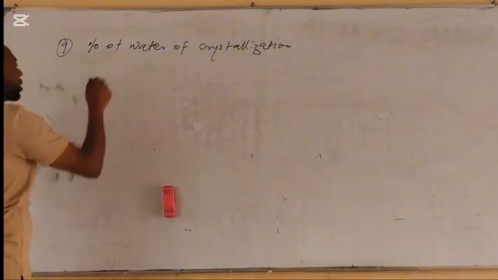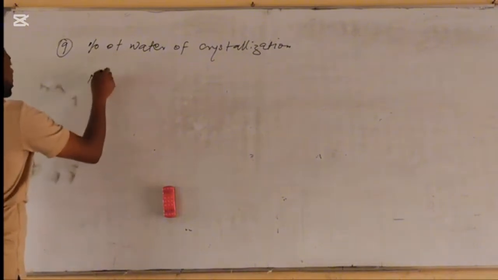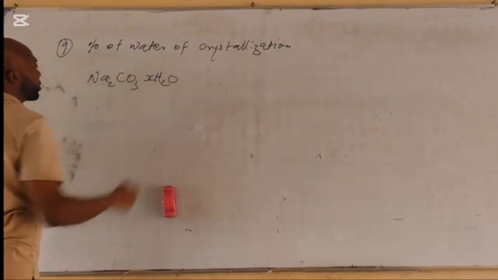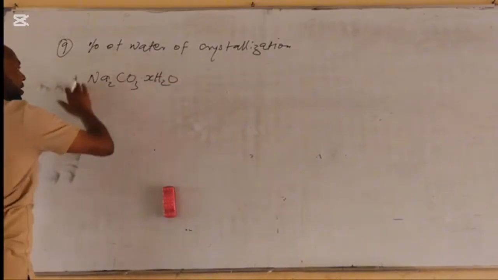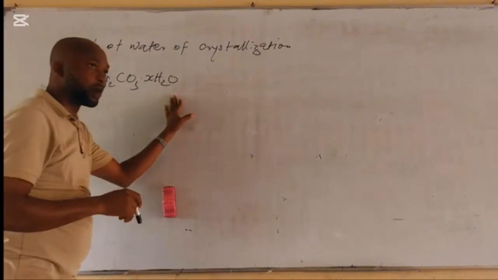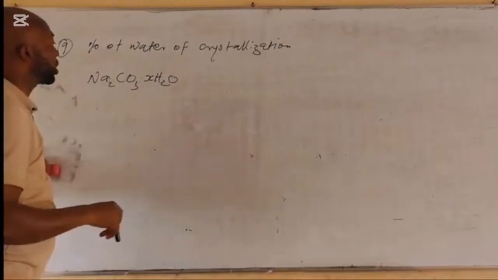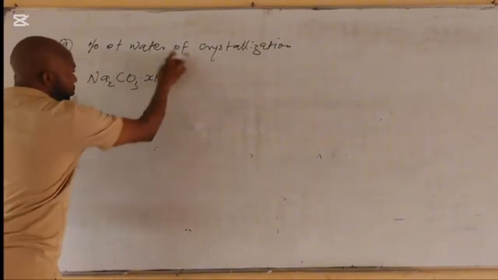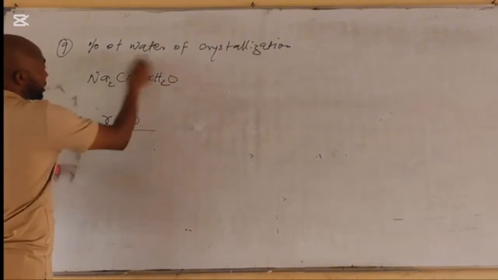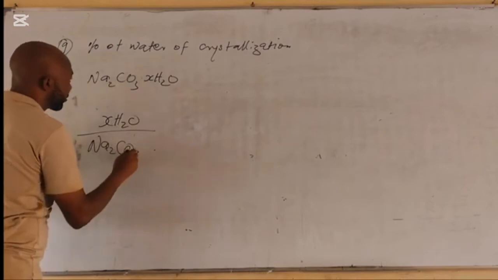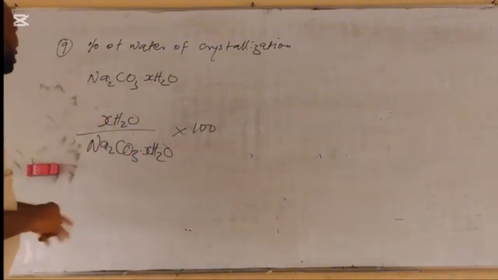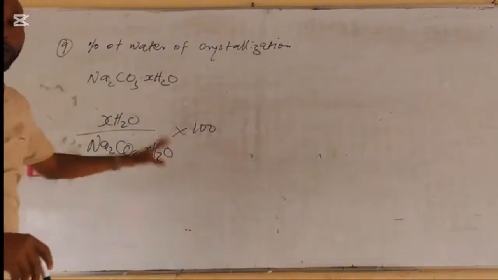If the substance is Na2CO3.xH2O, the hydrated compound, and I want to look for the percentage of water, we take the amount of water, xH2O, over the entire compound, Na2CO3.xH2O, times 100. Whatever it is, that becomes your percentage.